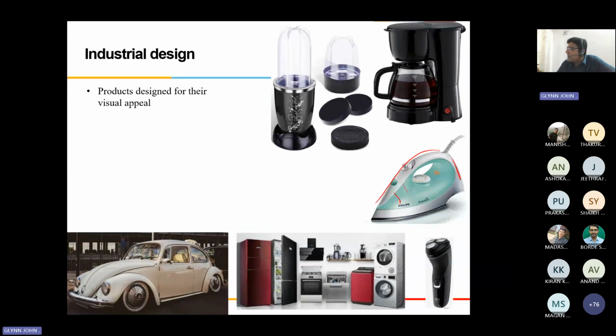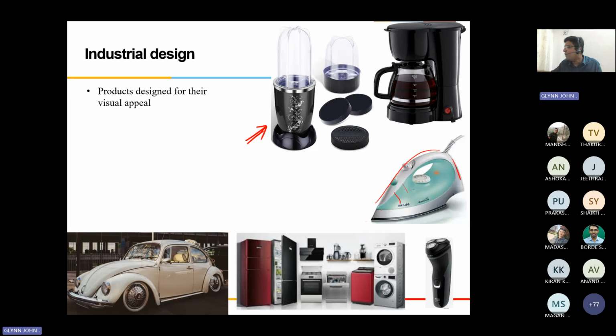So automatically when you go and buy a mixie, you'll choose something like this. You're that kind of a person. You will automatically buy something like this because it has some tasteful designs here, which shows that you have very good taste, right? So your cooking might be very, very poor, right? Probably you won't even cook at home. You'll probably order outside, but you'll own this kind of mixie, right?